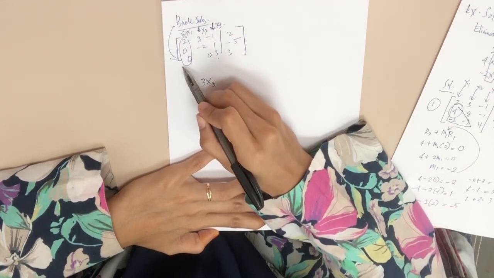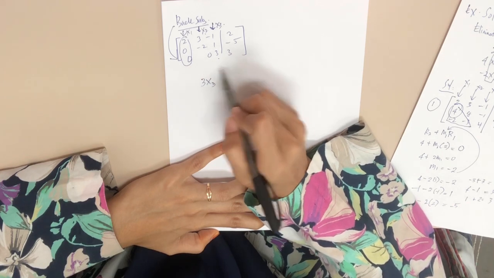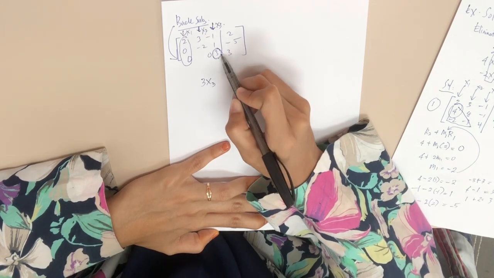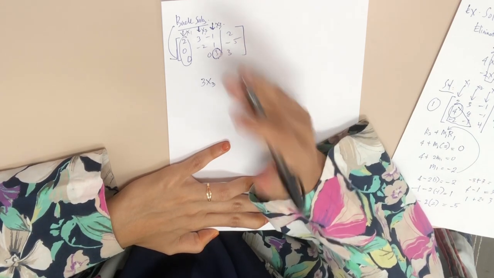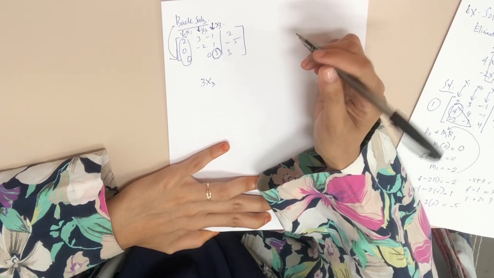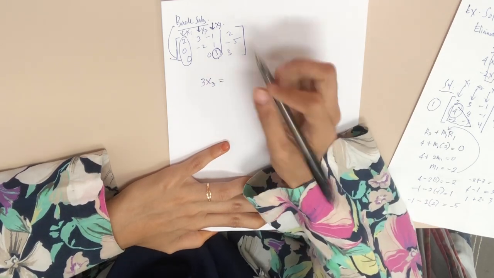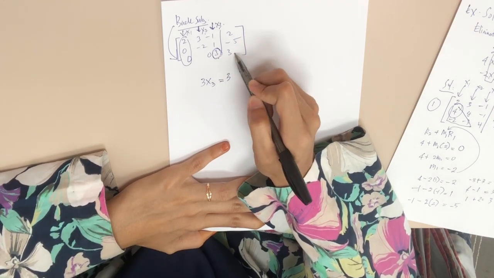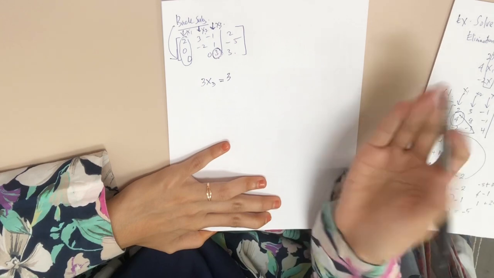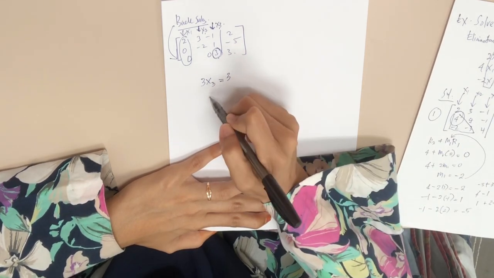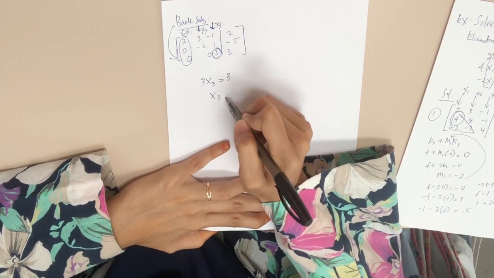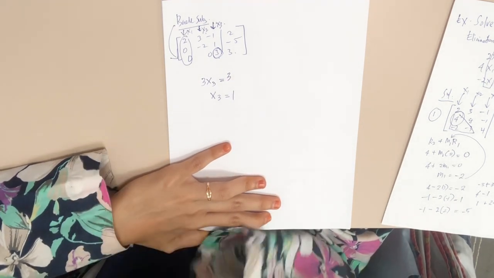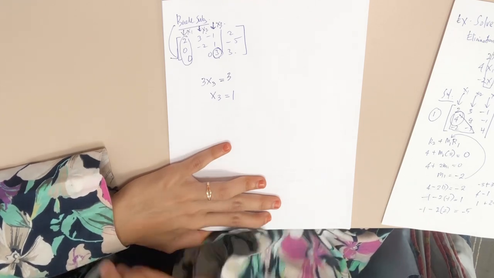So when we start with row 3, the last row, we only have 3 here, and this is 3x3, and this equation is equal to 3, equal to B. Therefore now you can find x3. Your x3 is equal to 1. So you already get the value for x3.